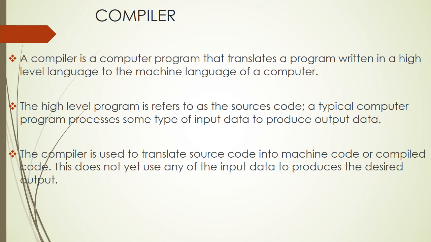A typical computer program processes some type of input data to produce output data. Machine code is made of 1s and 0s, and assembler code is in the form of letters, like move, add, and so on. The compiler is used to translate source code into machine code or compiled code. This does not yet use any of the input data to produce the desired output.